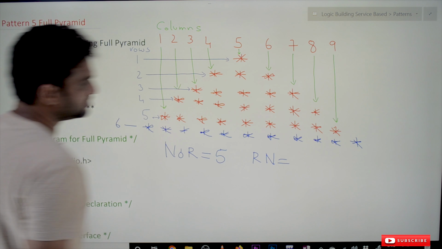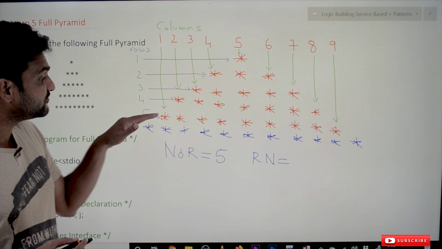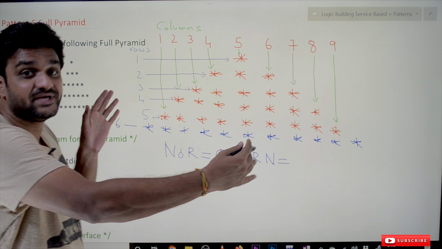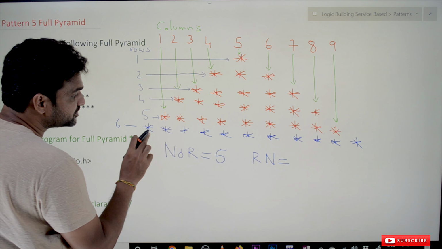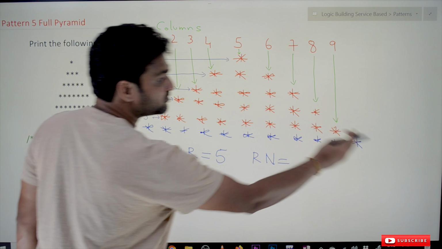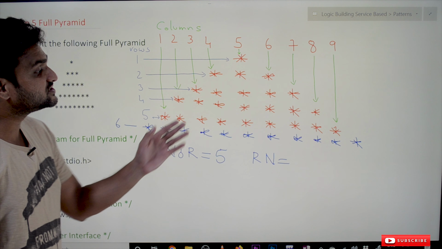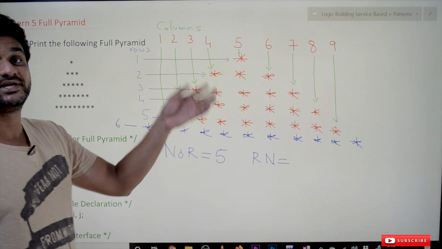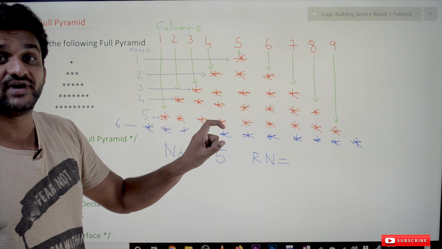So if the number of rows in the pyramid is 6, how many columns should be there? The number of columns should be 9 plus 2. So one more extra star onto the left and one more extra star onto the right will get added. So the number of columns in the pyramid with number of rows equal to 6 is 11.